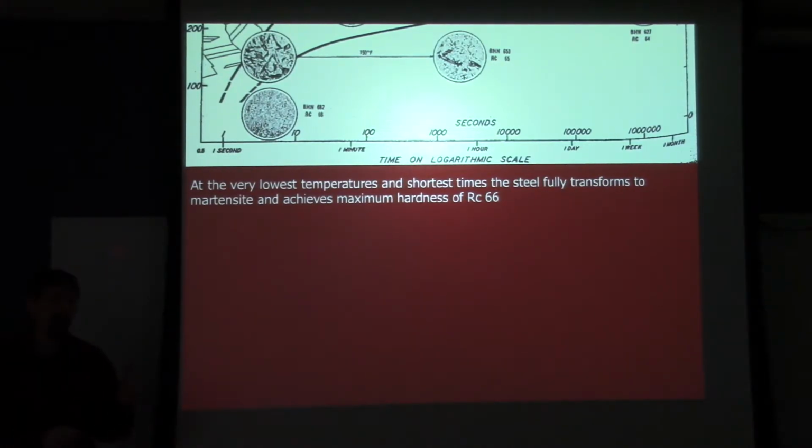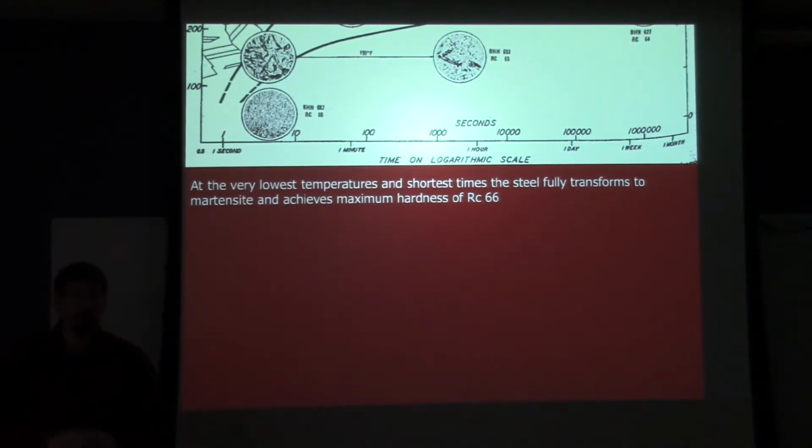But what it helps us understand is what happens when we have holds, or maybe I should say delays, at various temperatures. Let's say, for example, you are trying to get something quenched and you have to move it some distance, or your material handling device breaks and so you're stuck.